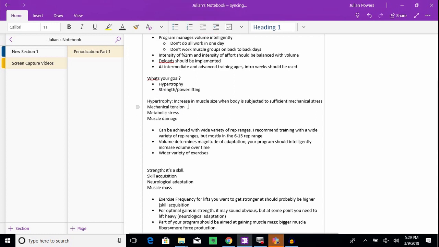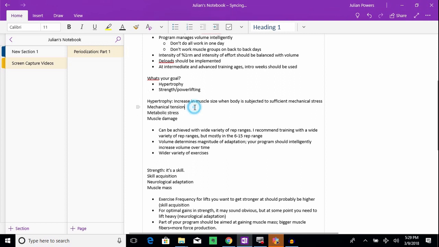When mechanical tension is high, there's little metabolic stress. But when metabolic stress is high, that would be low weight, high repetition work, and mechanical tension is low. But when you remove the weight, metabolic stress with no weight involved in the muscle tissue, there seems to be no effect on hypertrophy at all.